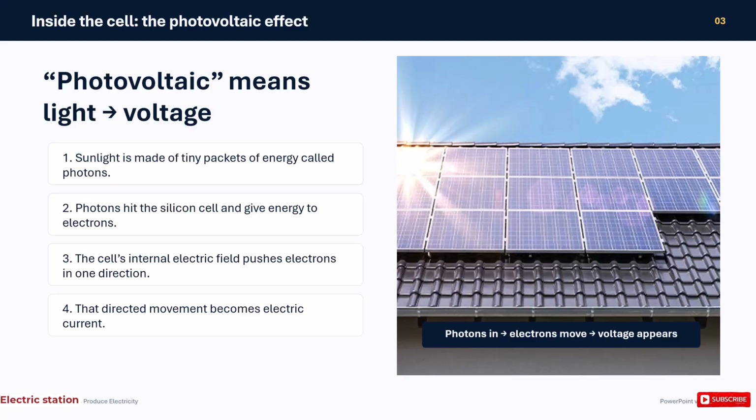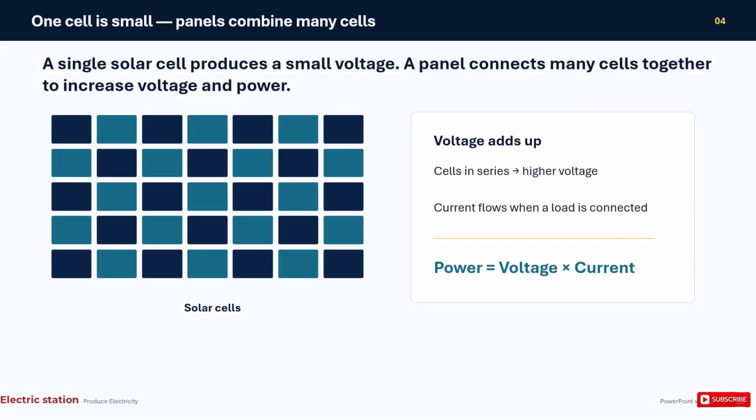Panels combine many cells. One solar cell by itself produces only a small amount of voltage and power. That's why a solar panel contains many individual solar cells connected together. When cells are connected in series, their voltages add together.